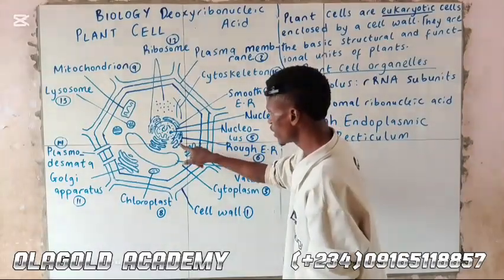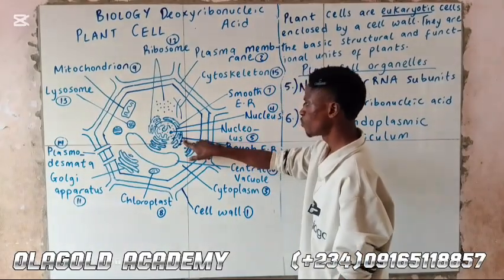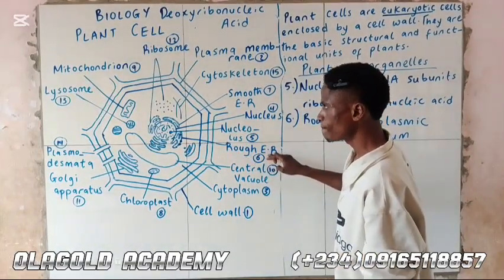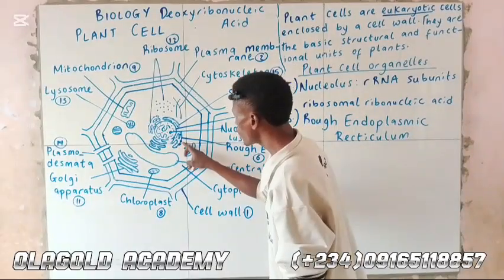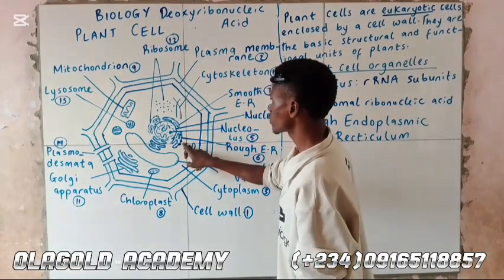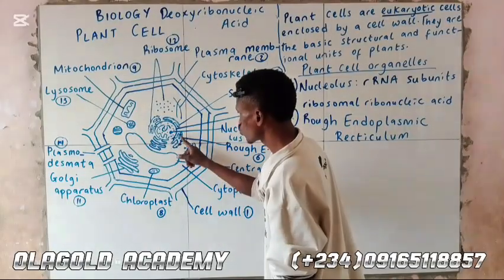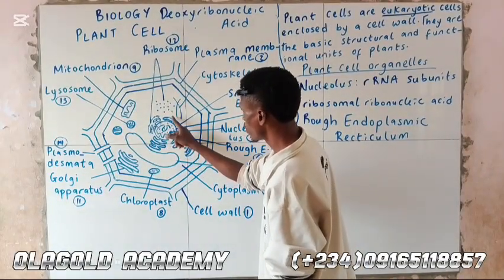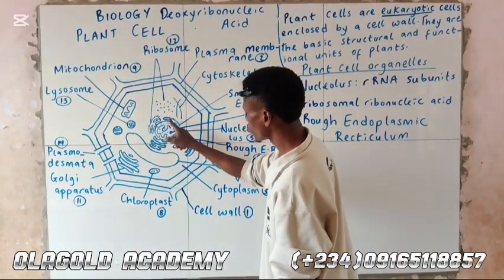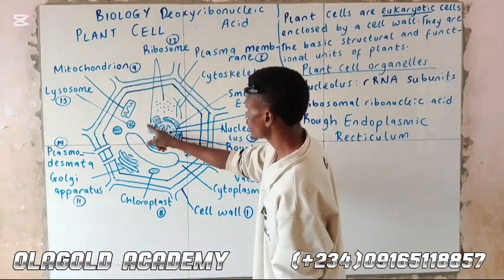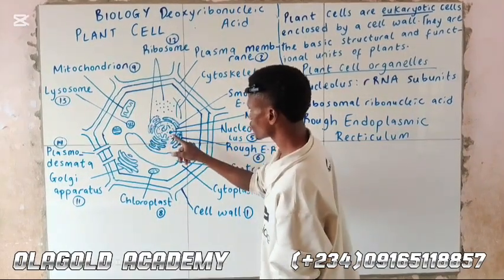As you can see here, this is the rough endoplasmic reticulum. Now, on the rough endoplasmic reticulum, there are ribosomes on them. This is the smooth. On this one, there is no ribosome. But on these ones, there are ribosomes.